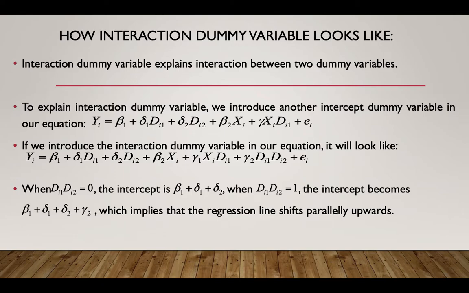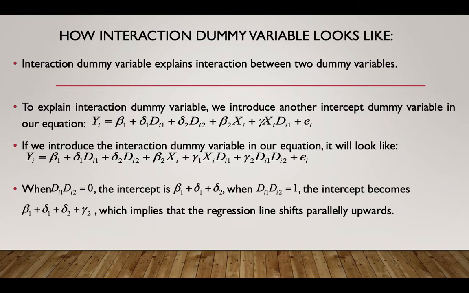Now, its coefficient is gamma 2, and when di1 di2 equal to 0, that means di1 is 0 and di2 is also 0.